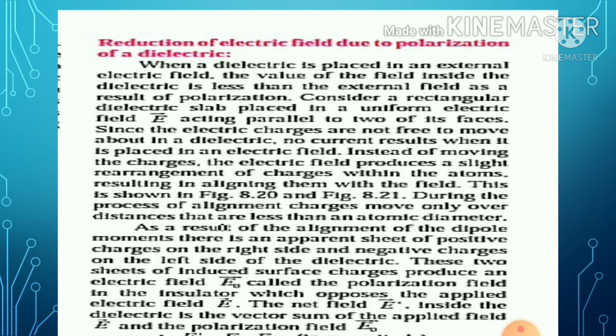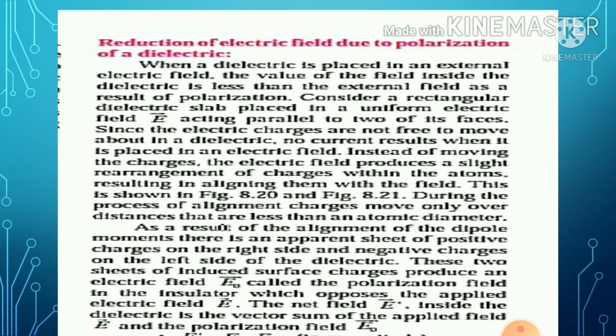Positive charges gather towards the right side of the slab and negative charges towards the left side.